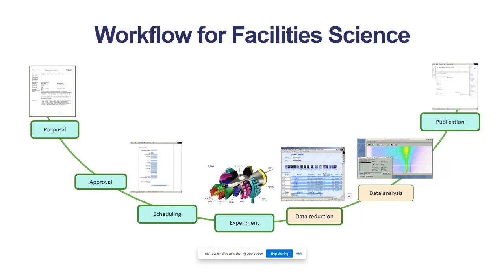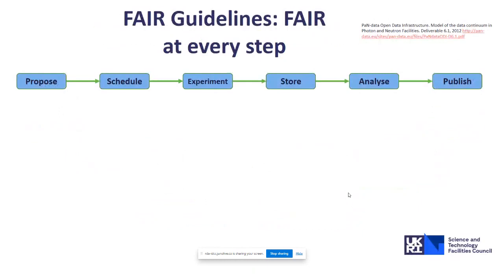There are typically some initial data reduction processes, which clean up the data. Then there's data analysis and data publication. The details may differ very much from experiment to experiment, but there's a general workflow that we work with. And we want to be FAIR at every step. I think that's the important thing here.